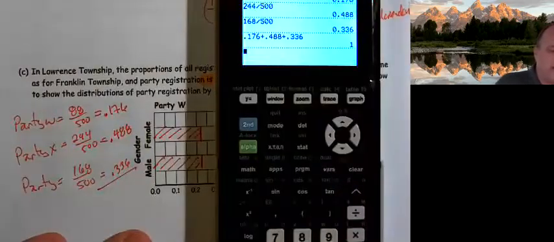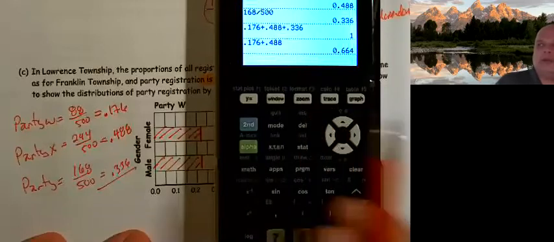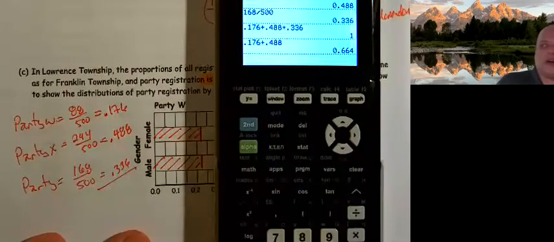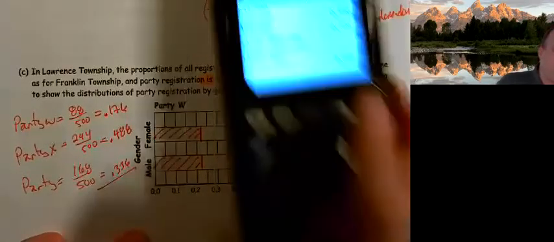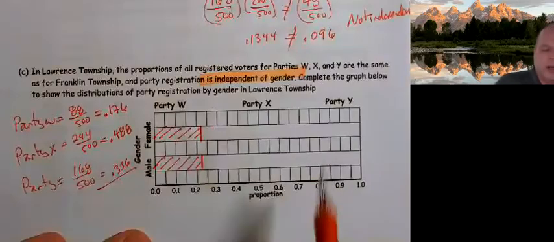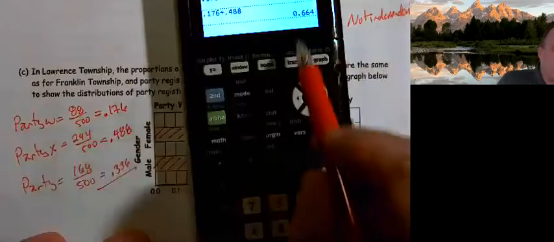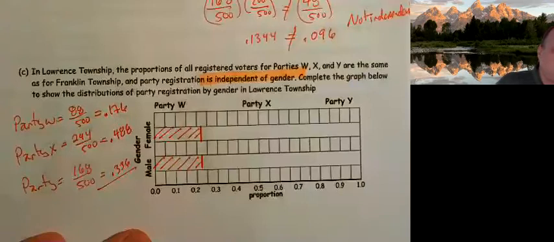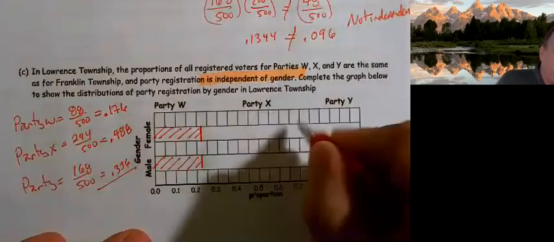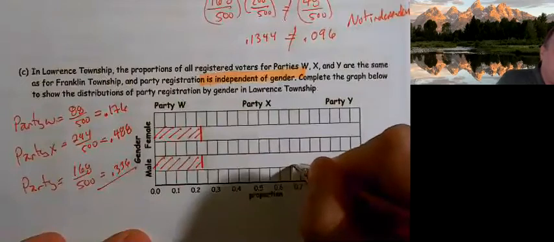Party X is 0.488. So I need to take the 0.176 plus 0.488 because it's a segmented bar chart, and ultimately it's going to add up to one whole or 100%. So I came up with 0.664. So 0.665, so something slightly over 65.